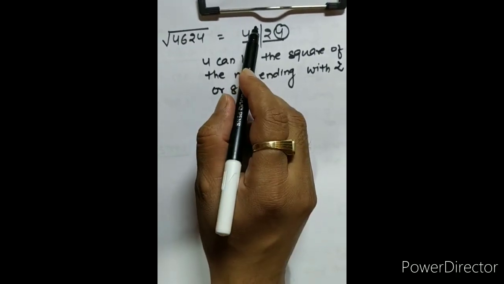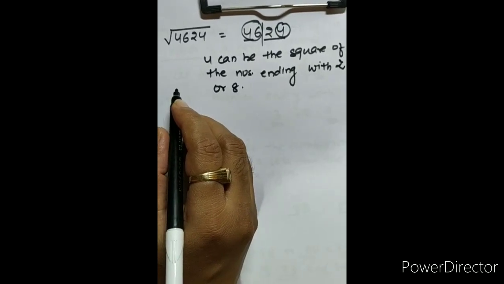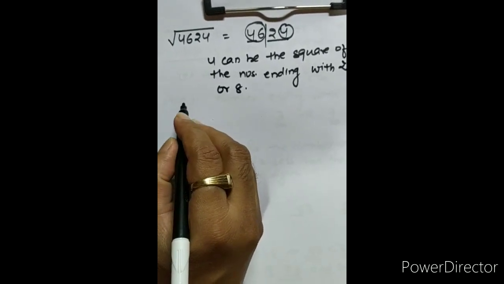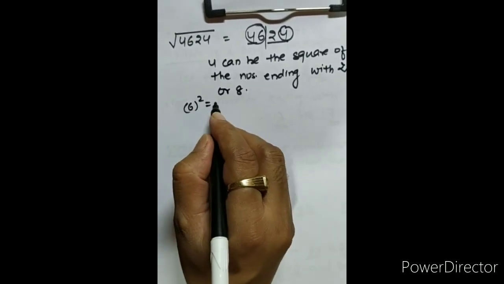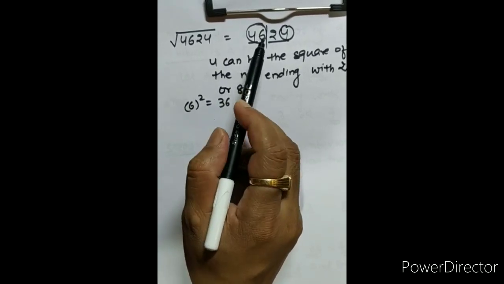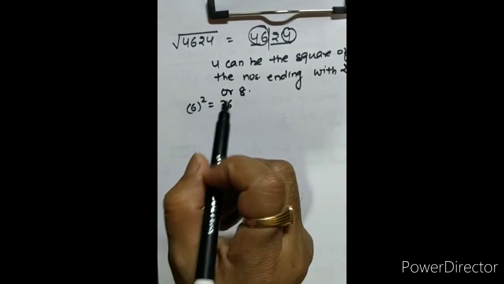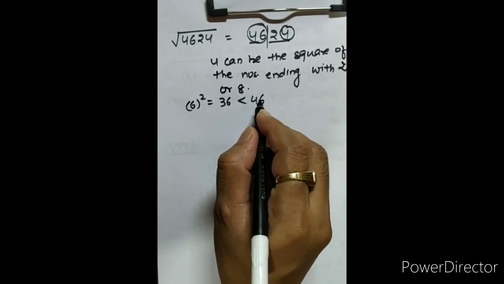Now what is the other part? The other part is 46. We have to think of a number whose square is less than or closer to this. 6 square is 36, 7 square is 49, so we cannot go ahead with this. The square should be less than this number. So 6 square is 36, and 36 is less than 46.